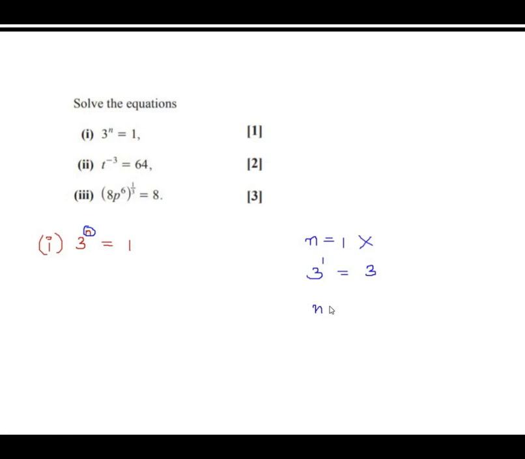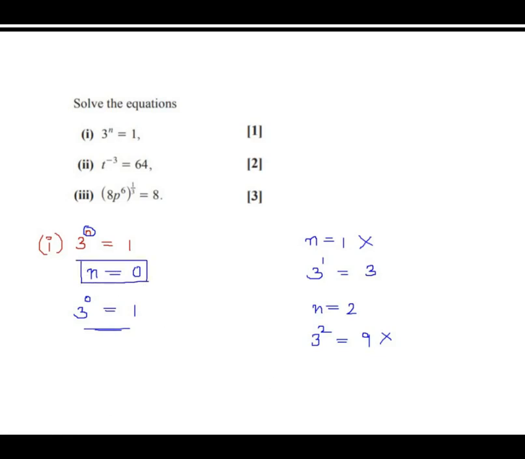If we take n equal to 2, we get 3 to the power of 2 equal to 9, which is not equal to 1, which is not the correct answer. So what if we get n equal to 0? So if we put the value of n as 0, we get 3 to the power of 0 is equal to 1. So this is the way. So the value of n is 0.